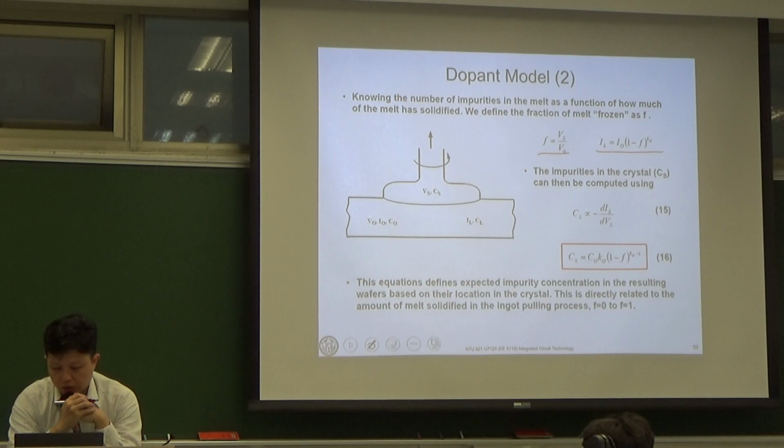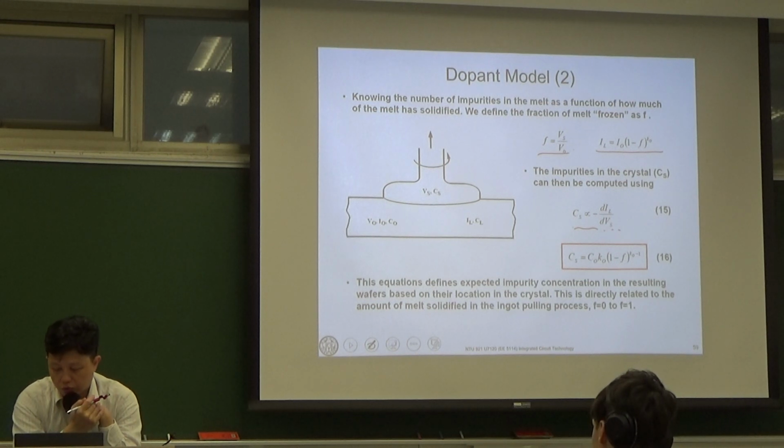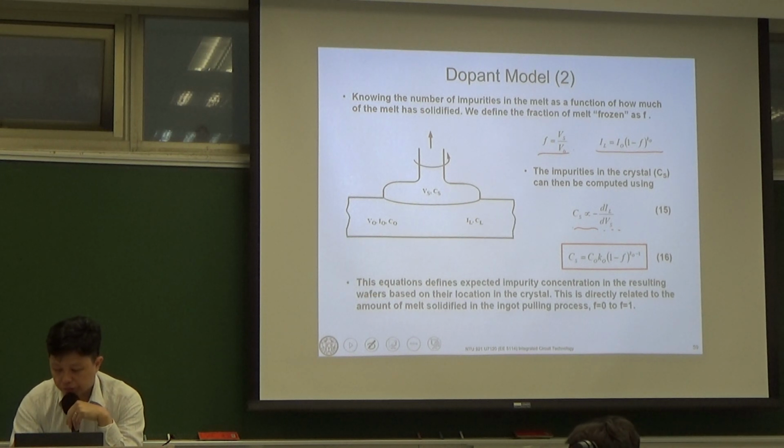Now, since we know that the impurity concentration is proportional to dI over dV, we can plug this in, and from this equation plus this one, we get equation 16.